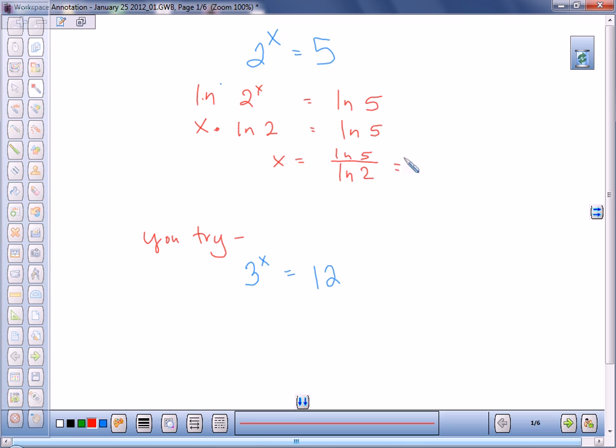You've already used it because we've evaluated natural log and log on our calculator before. But go ahead and evaluate natural log of 5 divided by natural log of 2, and see if that's any different than log of 5 divided by log of 2.